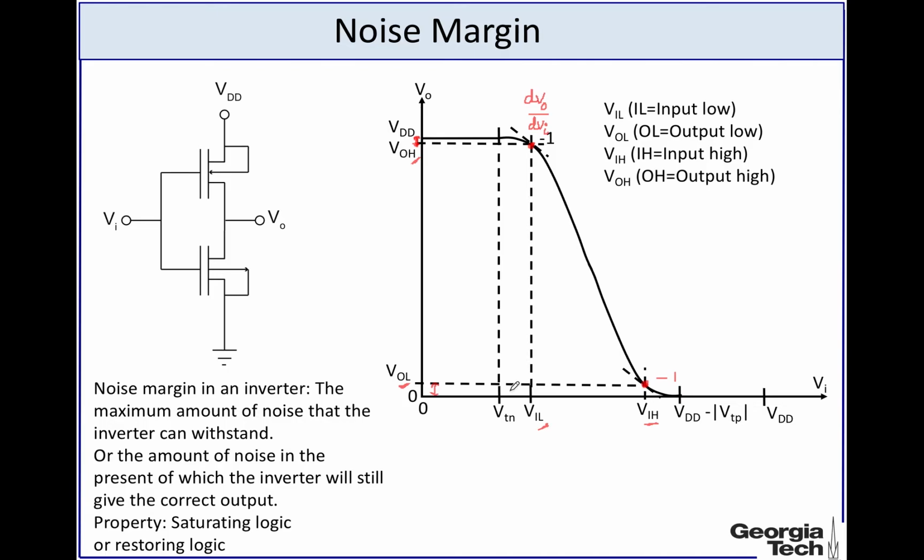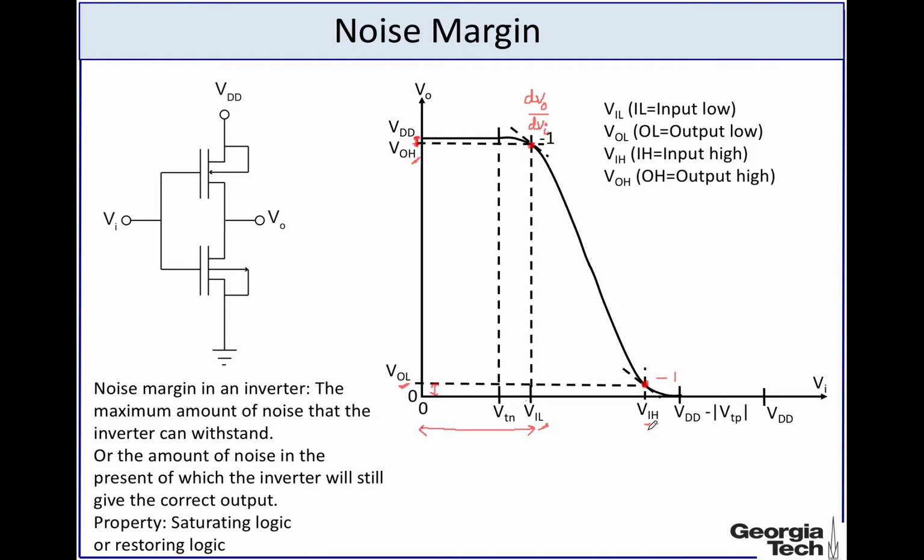In other words, in an inverter input voltage, you can tolerate a variation of this much to make sure that the output voltage variation is given by VDD minus VOH.